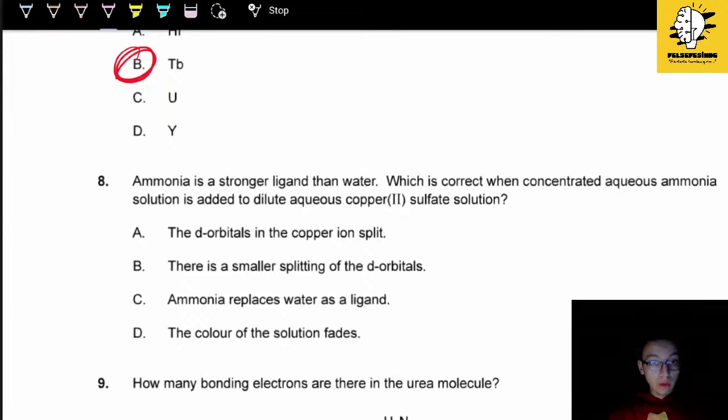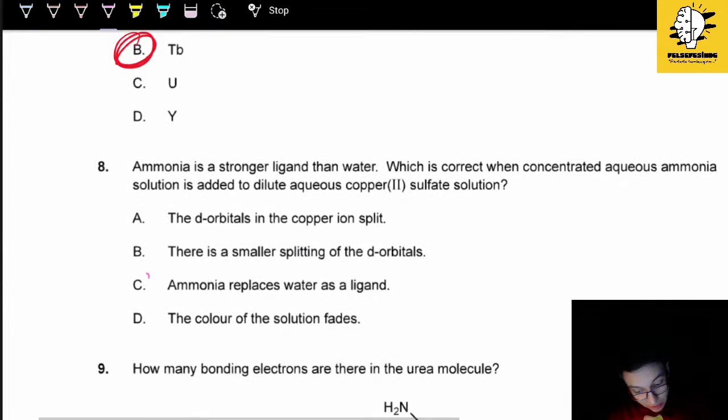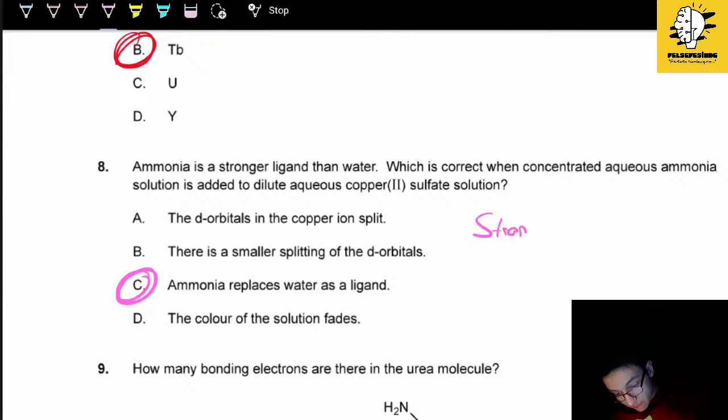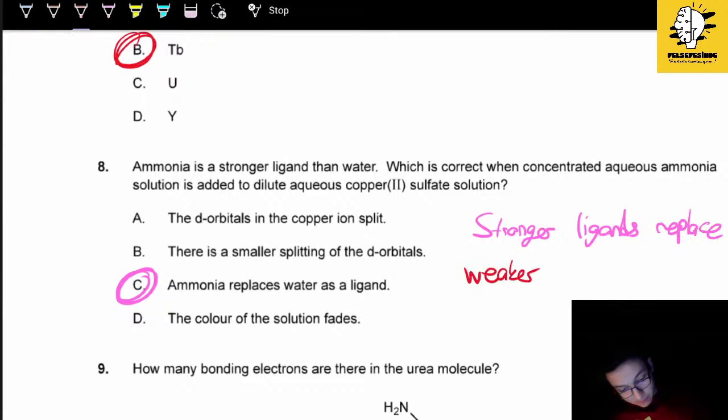So first of all, our answer will be that ammonia replaces water as a ligand, because stronger ligands replace weaker ligands.